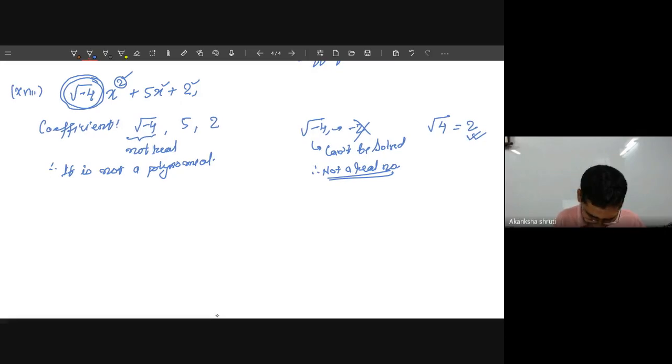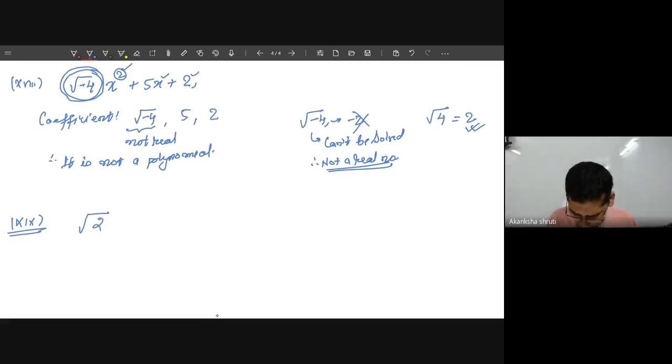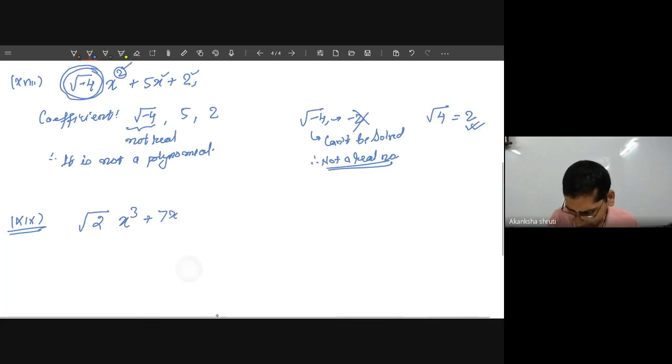Let me take another one from my side. You can solve all the previous questions. If I am given under root of, say, 2x cube plus 7x plus 5, whether it is a polynomial or not.